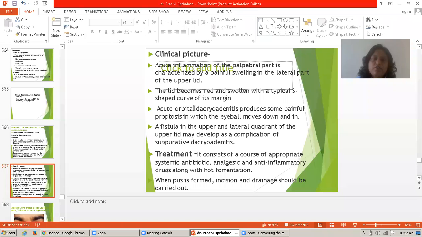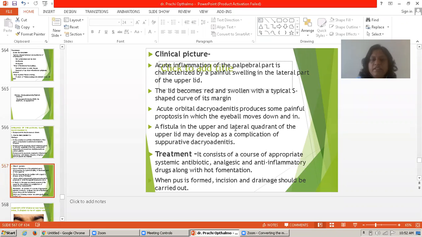Acute orbital dacryoadenitis produces painful proptosis in which the eyeball moves down and in.